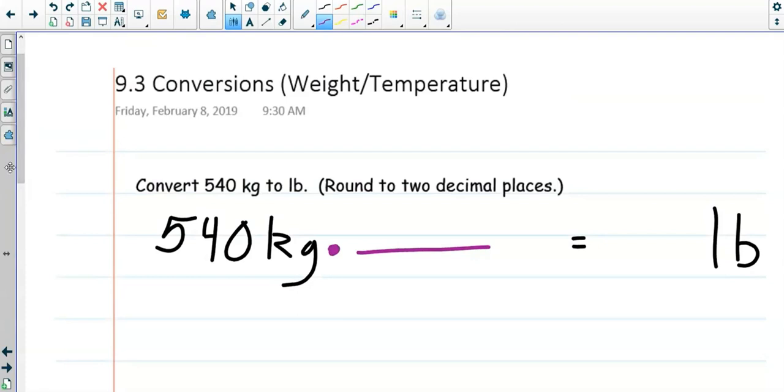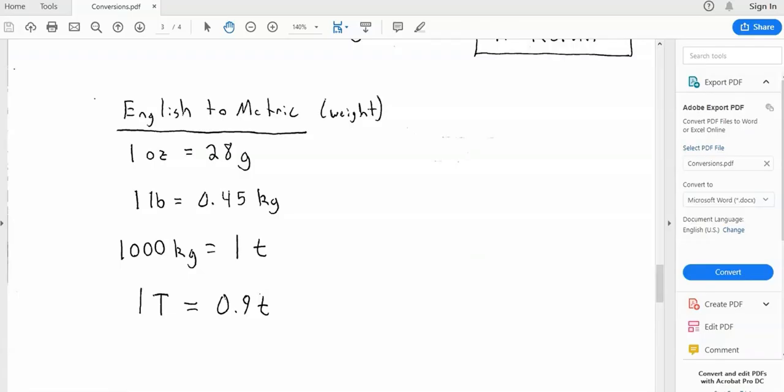Let's go to that third page, because the third page is all about weight. Is there a relationship with English to metric? Here's English to metric and weight. Do I have a relationship between pounds and kilograms? Absolutely. It's right here. 1 pound is equal to 0.45 kilograms.